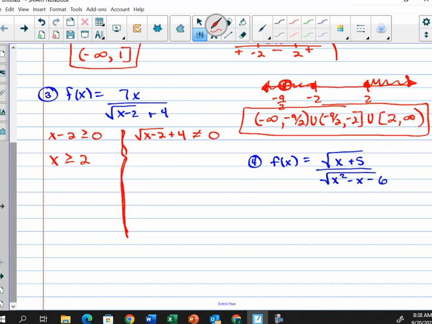But is there any way I'm going to take the square root of some number, add 4 to it, and get 0? No. So there's nothing to worry about on this side. There's no way that that can actually equal 0. So your answer to the domain on this one is just from 2 to infinity.